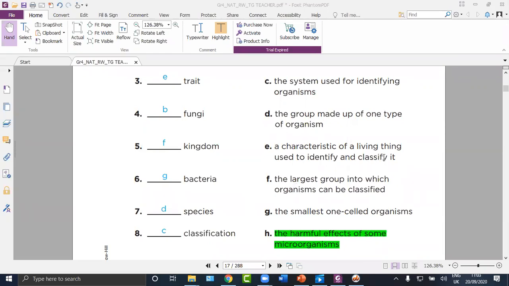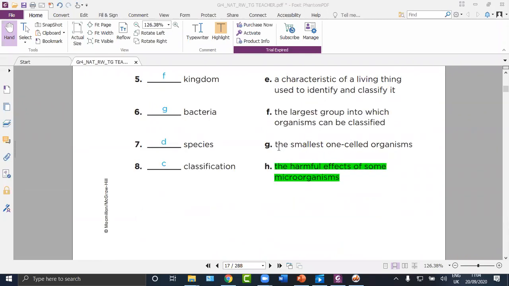I have 1 minute. Number 5, F. Number 6, G, smallest one. Number 7, species. Number 8, classification.